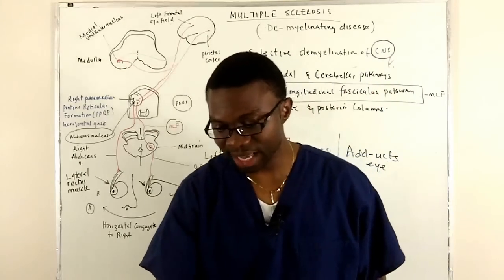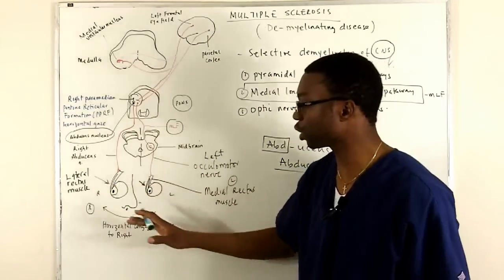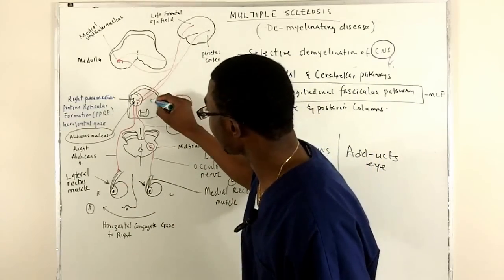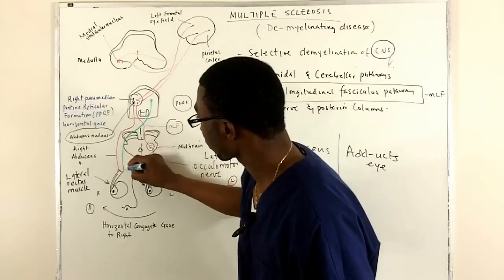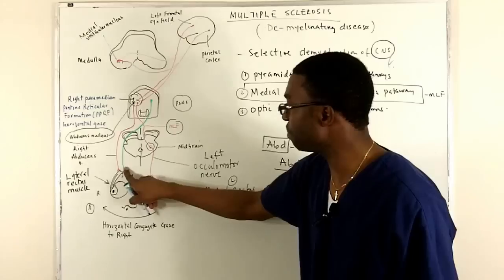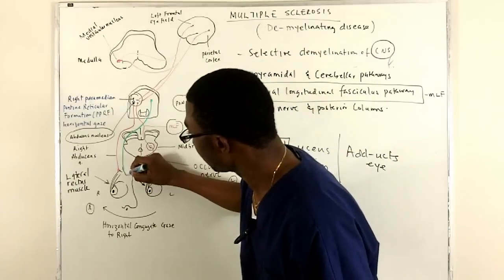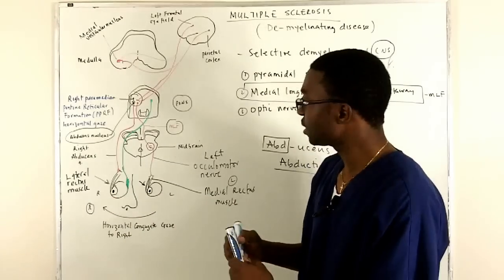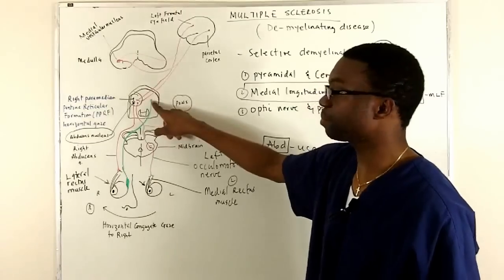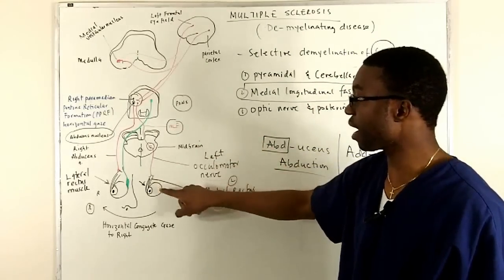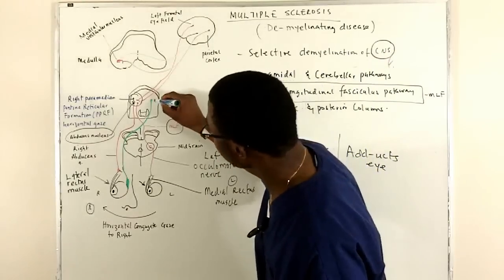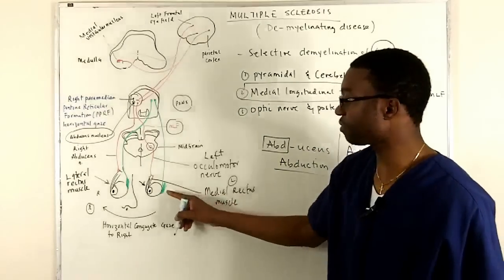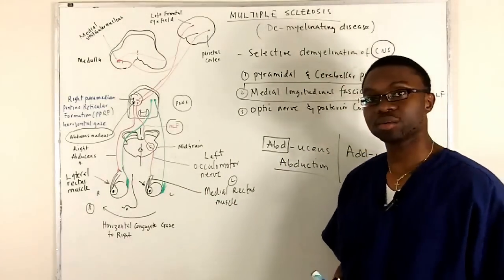It's not just one, there's actually two of them, because I'm just using this to show right horizontal gaze. On the left side, there's another one that crosses over that will also come down and innervate the medial rectus muscle on the right eye, and there will be another left PPRF that will eventually come down. Let me use green, something like this, and innervate the left lateral rectus muscle.